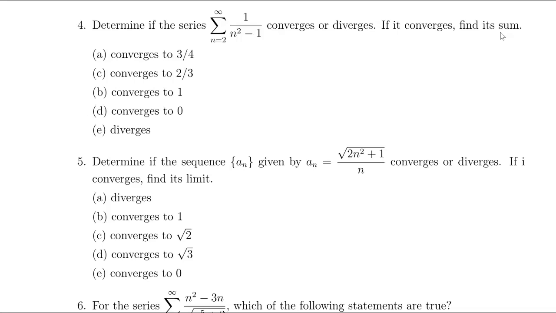Because those are the only two series for which you could actually find the sum. The rest, you can just determine whether they are convergent or divergent. So here you are asked to find the sum if it is convergent. So that suggests that this series is actually a telescoping series.